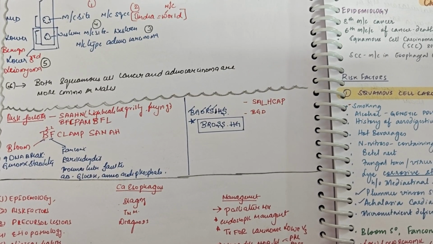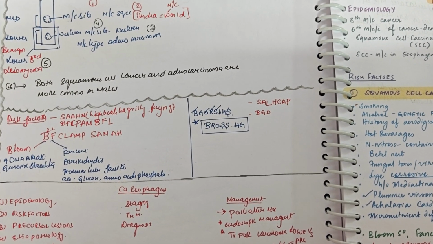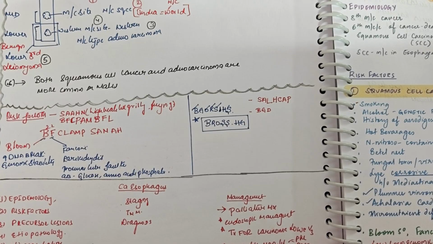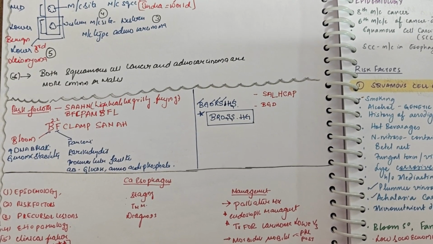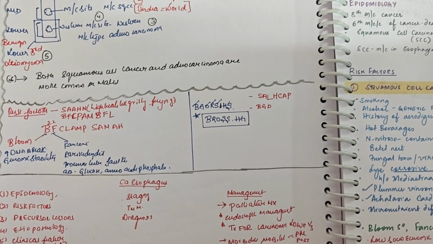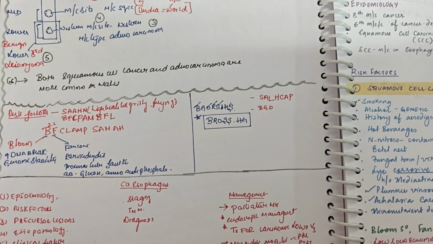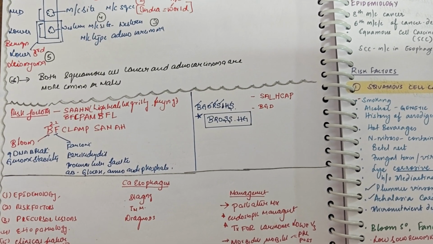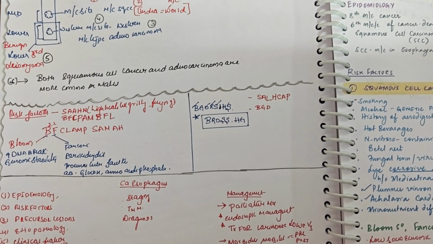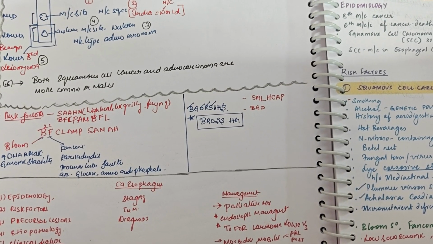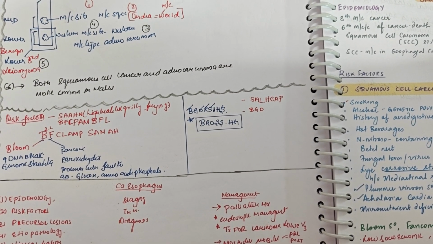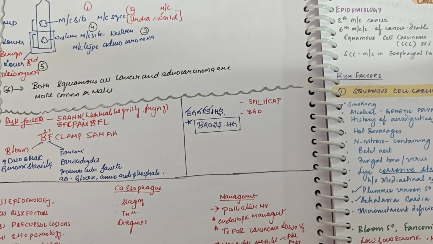Adenocarcinoma. And where is the most common site of benign growth? It is the lower one third. And what is the most common benign growth? That is leiomyoma. Now, both squamous cell carcinoma and adenocarcinoma are more common in males.